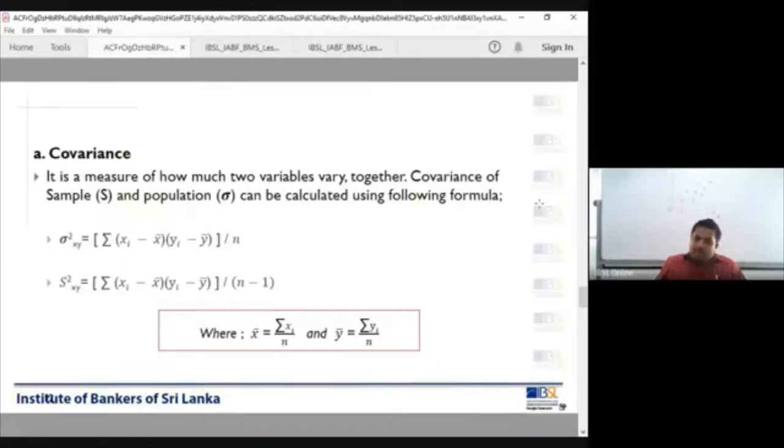Okay. By using the single variable equations, the statisticians have defined these equations of covariance. In future, we're going to learn the coefficient of covariance and the coefficient of determination, we call it the R square. All these are extensions stemming from the single variable equations.